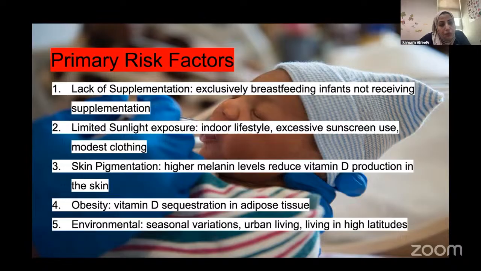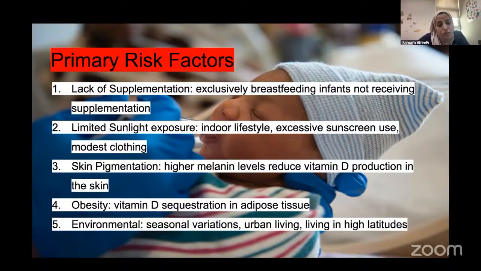Limited sun exposure, especially in adolescence, an indoor lifestyle, and excessive sunscreen use can actually prevent the conversion and utilization, and modest clothing as well. Skin pigmentation: how does it affect? Higher melanin levels reduce vitamin D production in the skin. That's why people with pigmented or darker skin are more prone to vitamin D deficiency, and they require higher levels of supplements.